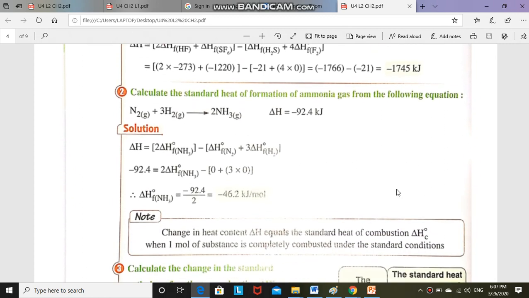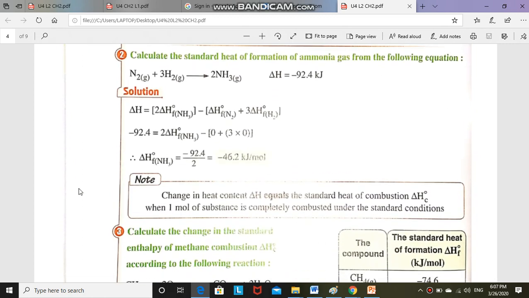After that we have another example. We calculate the standard heat of formation of ammonia gas. We said before that the standard heat of any type of reaction depends on the result having 1 mole of substance. Here we have the equation that produces 2 moles of ammonia gas, not 1 mole.